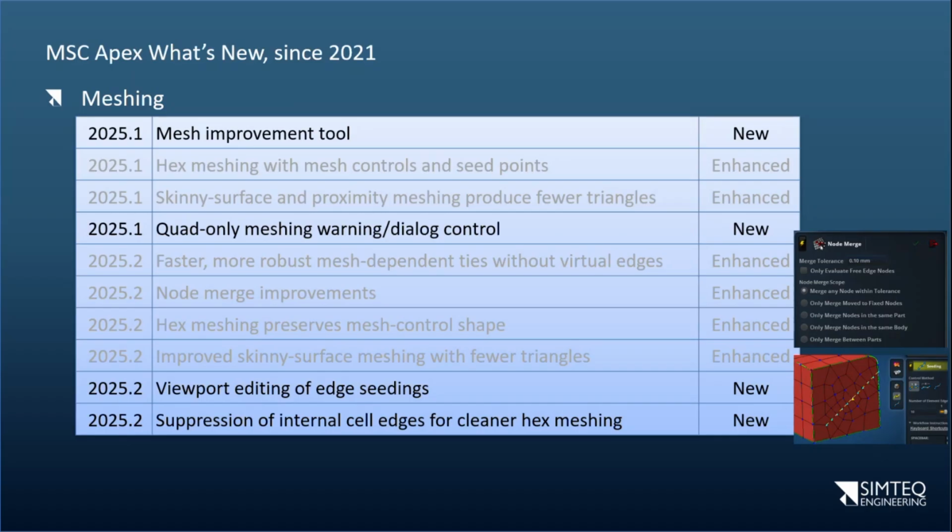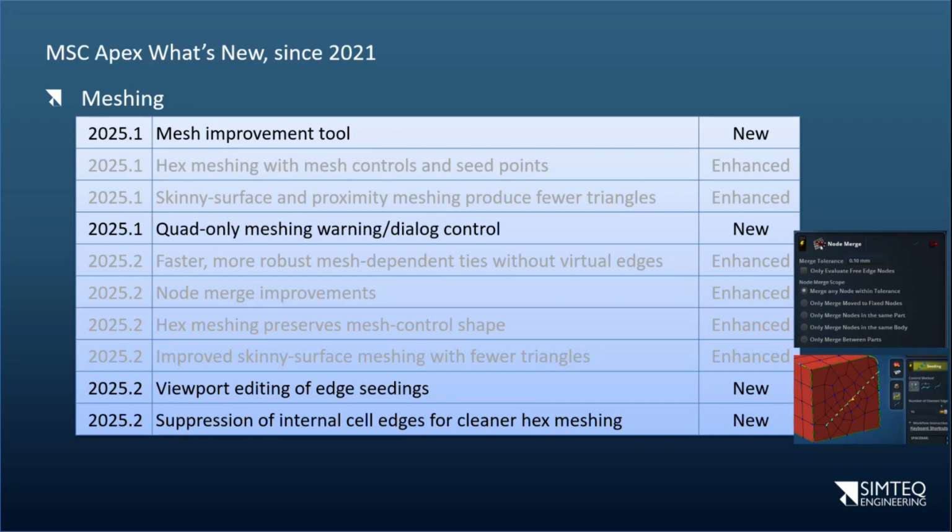Node merge improvements, hex meshing that preserves mesh control shapes, improved skinny surface meshing with fewer triangles, and then adding the viewport editing of edge seedings and the suppression of internal cell edges for cleaner hex meshing. So this is also a useful one when you take a complex solid and you partition it into these cells.